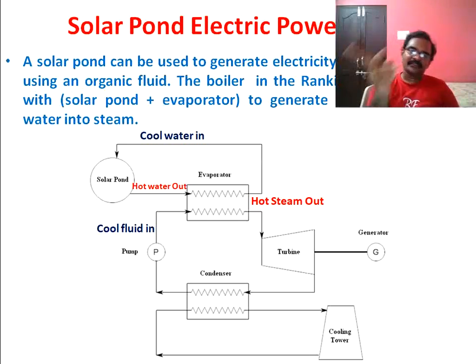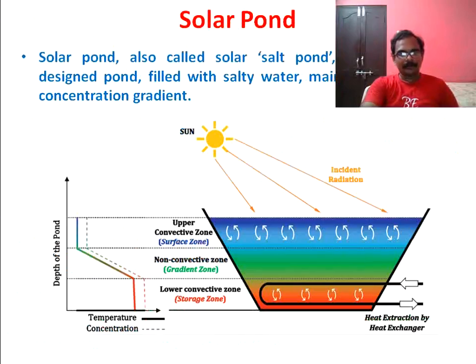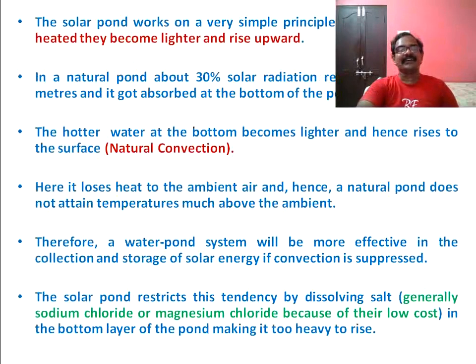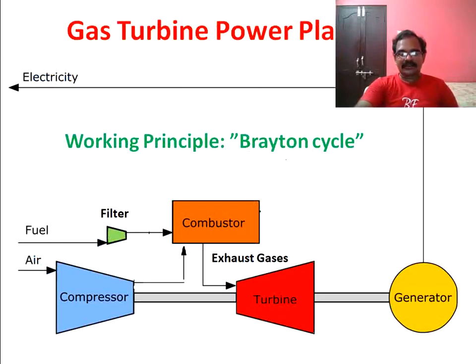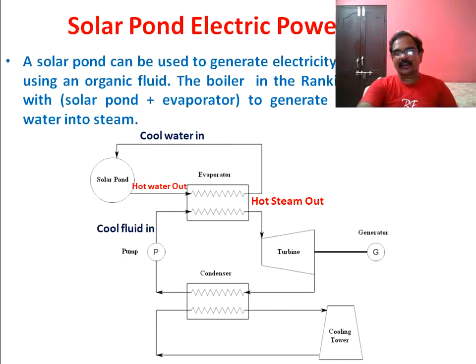On the other hand, we'll pass the cold water into the solar pond, and that cold water will become hot water of around 70 to 90 degrees centigrade. That hot water will flow through the evaporator, and cold propane will flow through the evaporator.